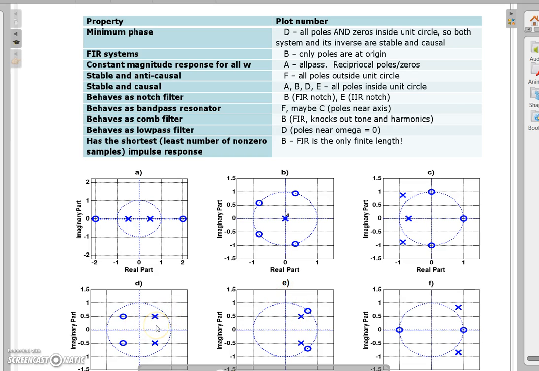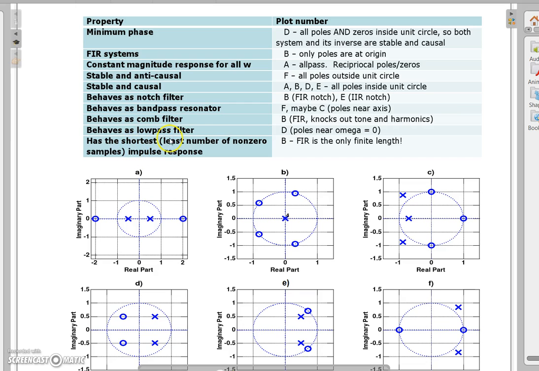Here, this is a little ambiguous, but here we have a couple poles away from the axis that'll generally boost up the response in this lower frequency region. And then we have zeros over here that'll pull down the response. So this is definitely not a perfect low pass, but it has higher response over here, and then lower response over here. This could be considered a low pass, kind of, sort of.